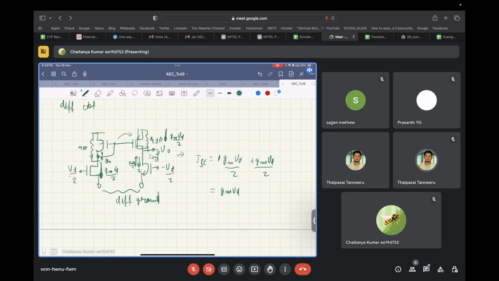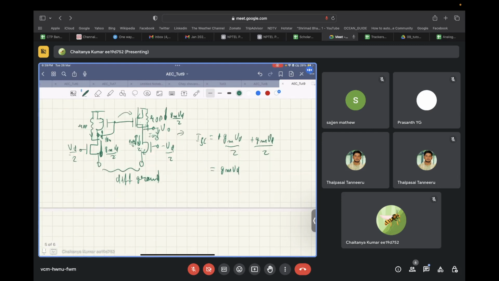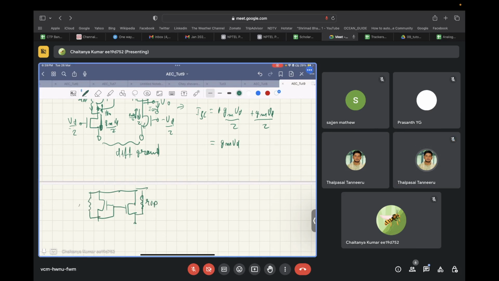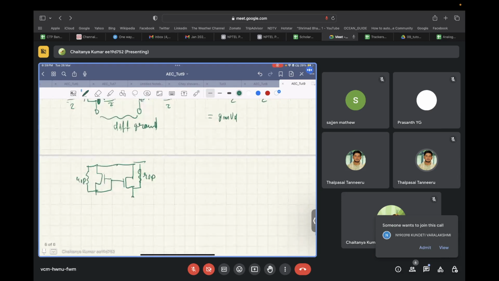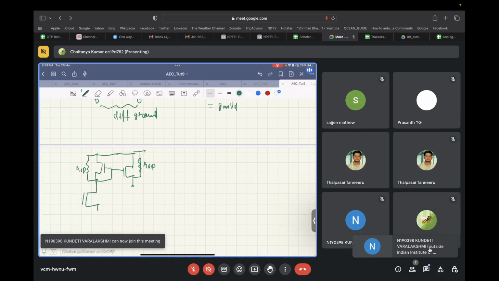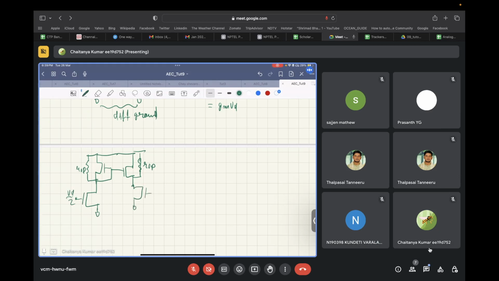Now, what is the Thevenin resistance looking in at the output? With ROP over here, and here you have Vd by 2 and minus Vd by 2.